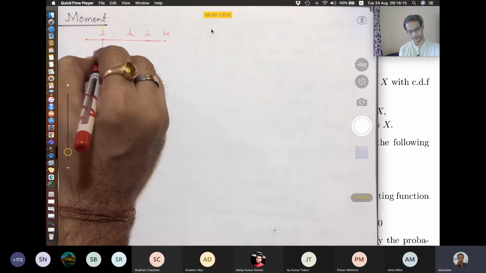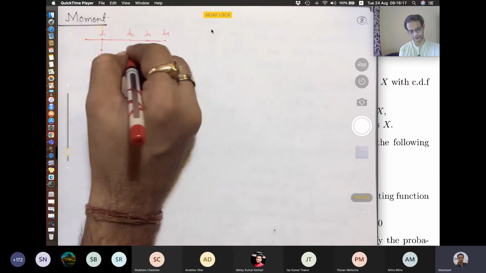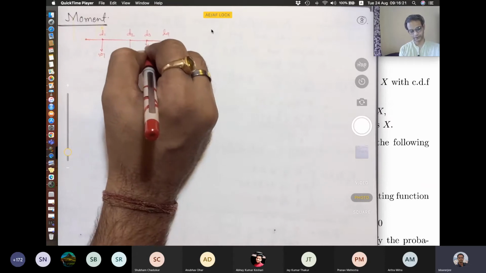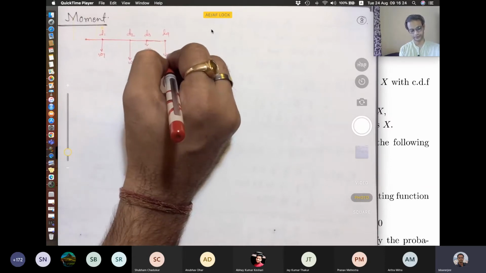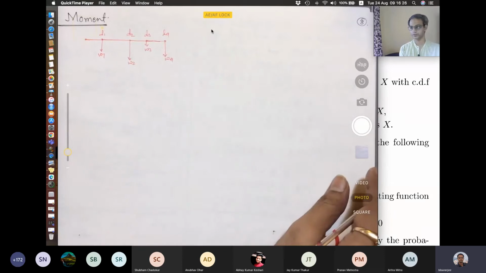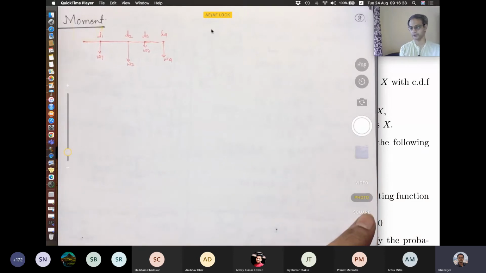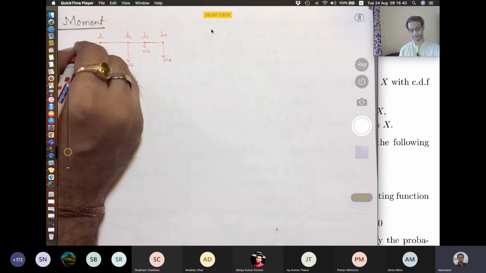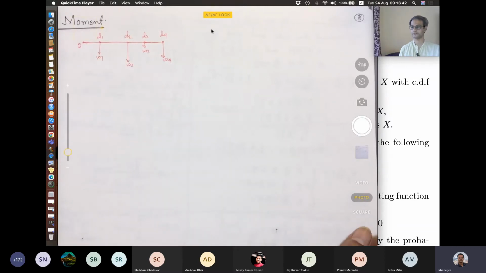And here acting force W1, here acting force W2, here acting force W3, here acting force W4. So where will the resultant force be working? This is the origin, it is hooked here.